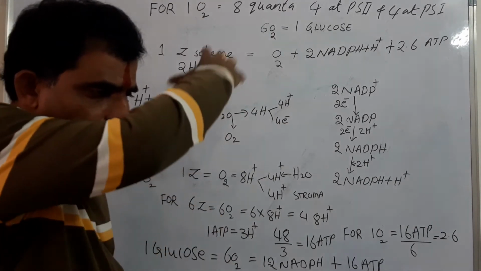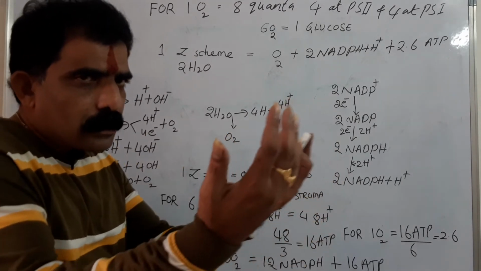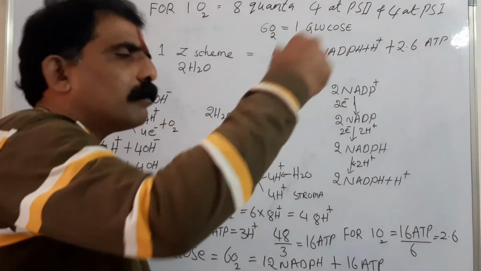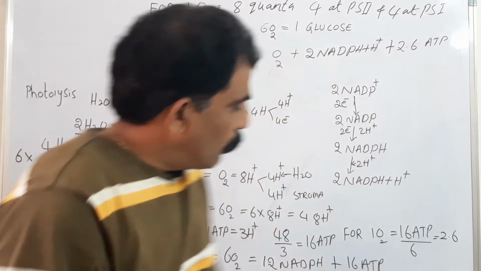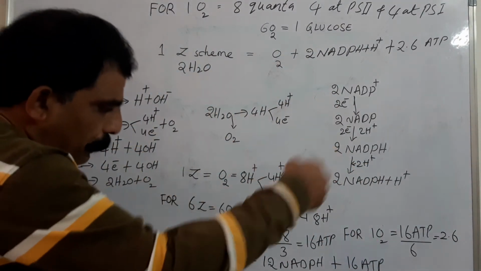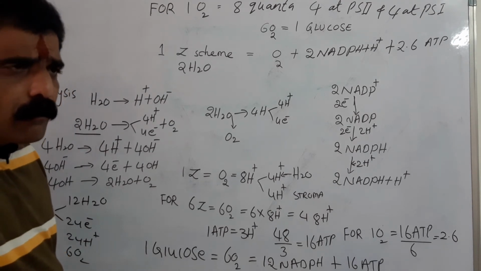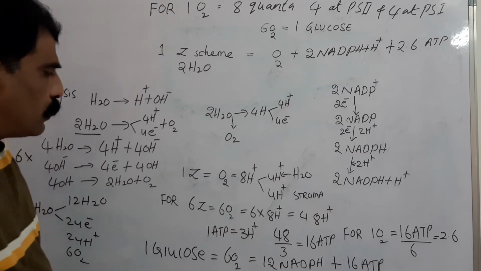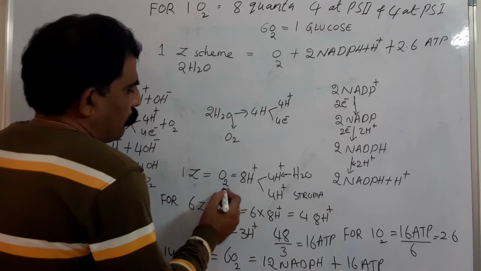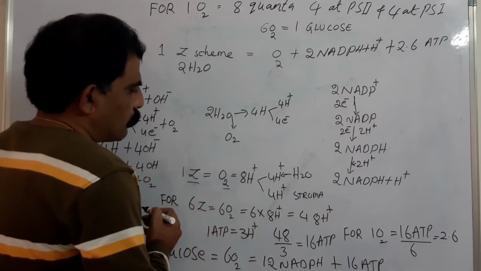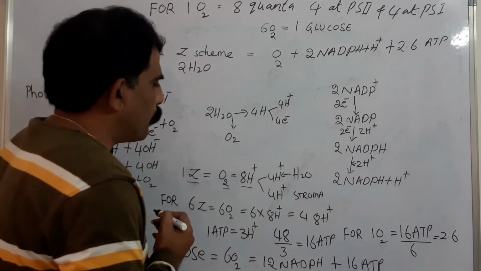However, during the transport of the electrons of PS2 or P680, 4 protons are pumped into the lumen from the stroma. So during the evolution of 1 oxygen, 4 protons are pumped into the lumen from the stroma. However, water also releases 4 protons through the photolysis process. So for the evolution of 1 oxygen molecule through the non-cyclic photophosphorylation, 8 protons are accumulated in the lumen.